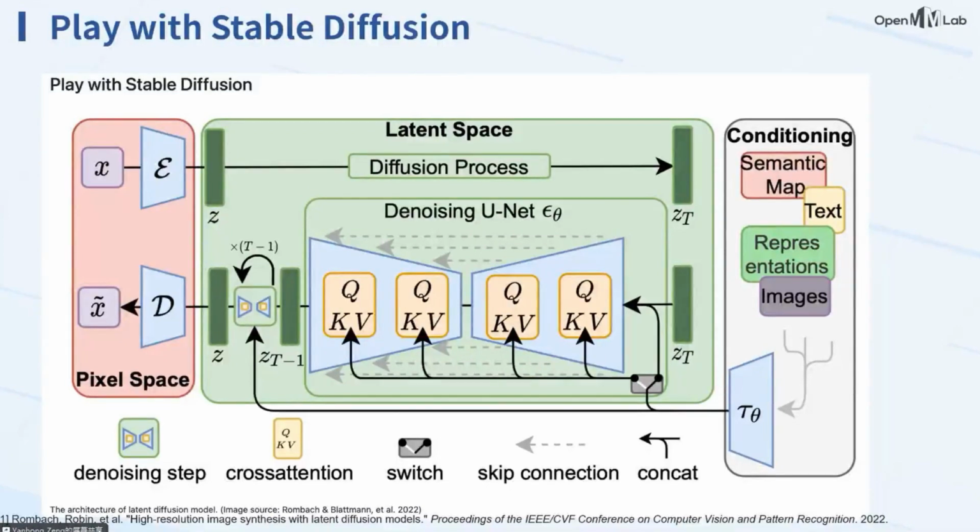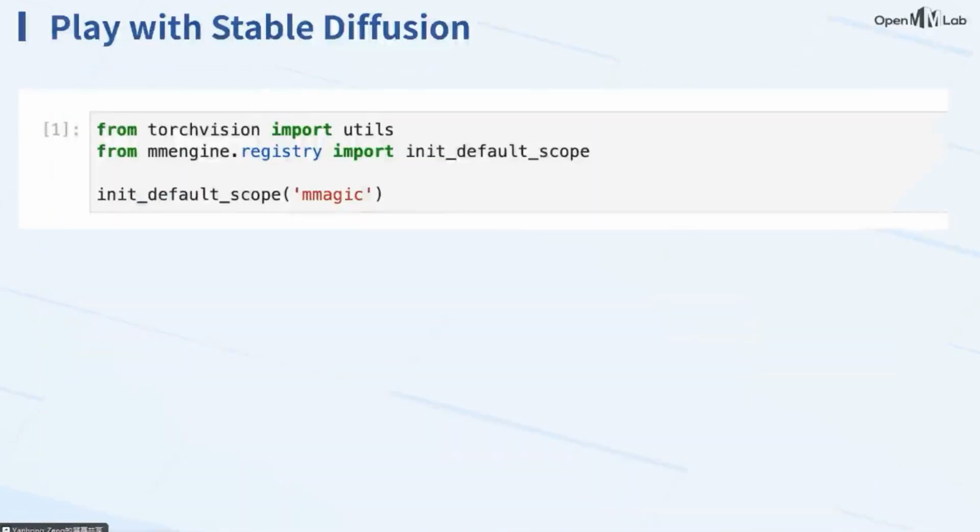I think maybe the introduction of stable diffusion can be kind of complicated for people who are not familiar with stable diffusion. But with MMagic, playing with stable diffusion can be very easy. To play with stable diffusion, we first need to initialize the working scope as MMagic.